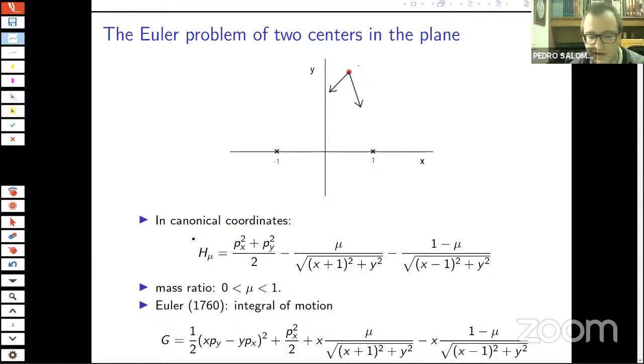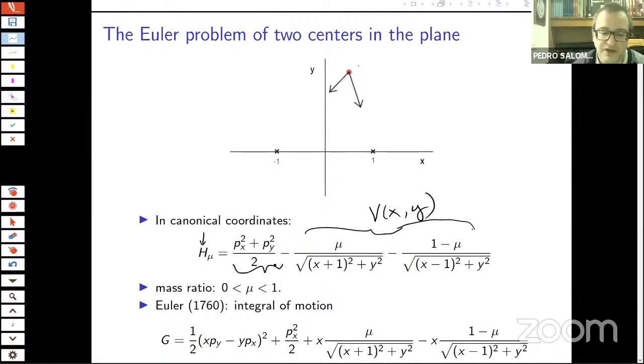We give a Hamiltonian function, which is this function H here, and it depends on the position x and y, and the momenta px and py. And the Hamiltonian that describes the motion of this particle is given by this expression here, where we have the Hamiltonian given by the potential and the kinetic part, which is given by this expression.